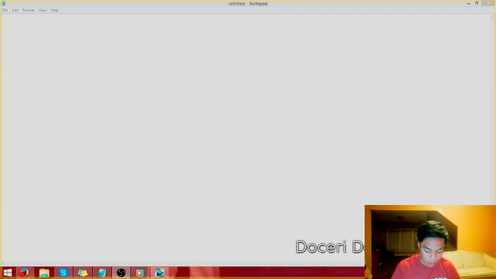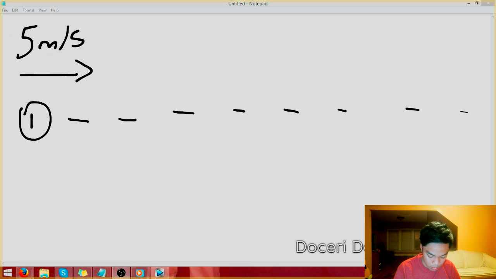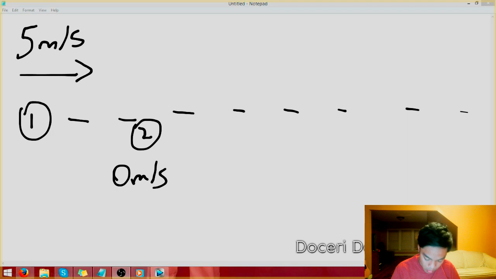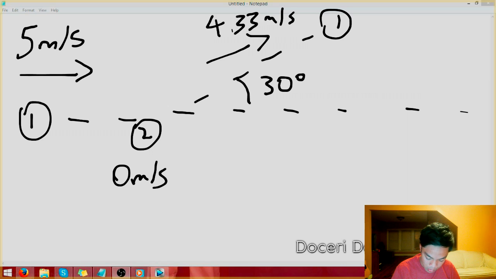Okay, so first we're going to draw out the problem. Ball number 1 moves in this direction at 5 meters per second. We have ball number 2 sitting down here, 0 meters per second. Once the collision happens, ball number 1 would move like this, creating a 30-degree angle, moving at 4.33 meters per second.